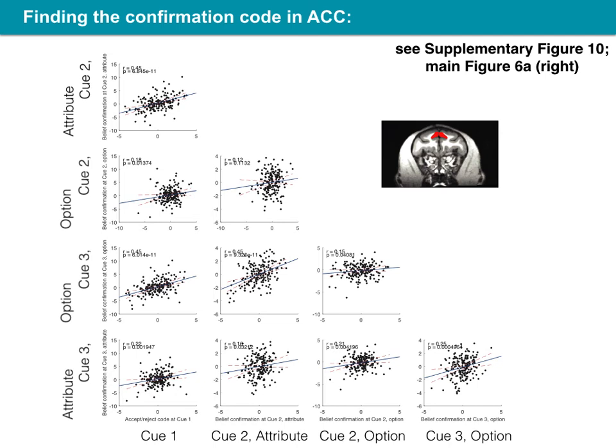In other words, across the ACC neural population, there seems to be this kind of stable population representation, or what we'd refer to as a population subspace, which reflects how much the currently presented evidence confirms or disconfirms your current hypothesis or belief. The correlation values for this are shown in figure 6, which shows a comparison between ACC and shows that it's not there in OFC or DLPFC, and you can also see the raw correlations in supplementary figure 10.